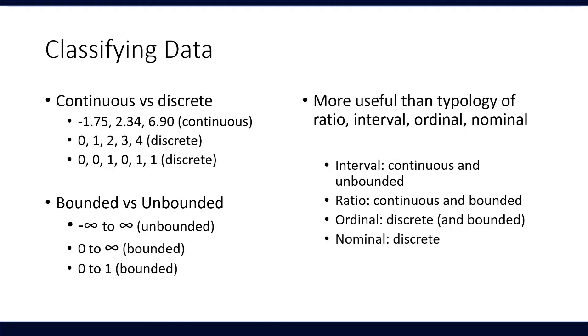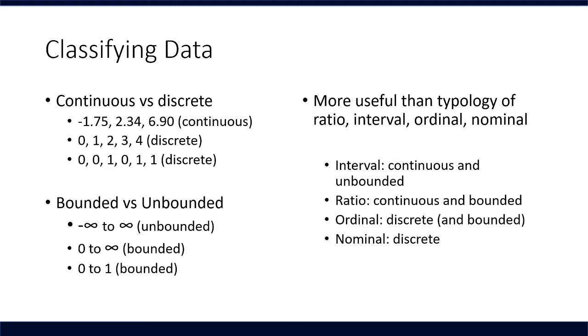But some of you have probably encountered these terms before, and so I just wanted to highlight for those of you who have that interval data would be equivalent to continuous and unbounded data, while ratio data would be continuous and bounded. Ordinal data would be discrete and most likely bounded, while nominal data are simply discrete and different categories of data with no order to them.